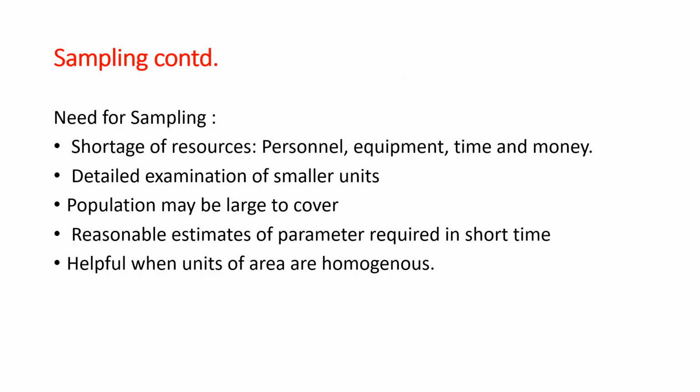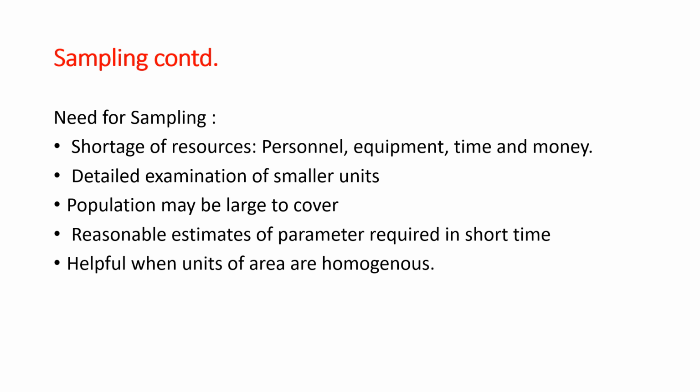Now why do we need sampling? Because to do a study on the entire population is restricted due to a lot of constraints. There may be shortage of resources. We would need detailed examination of so many people.